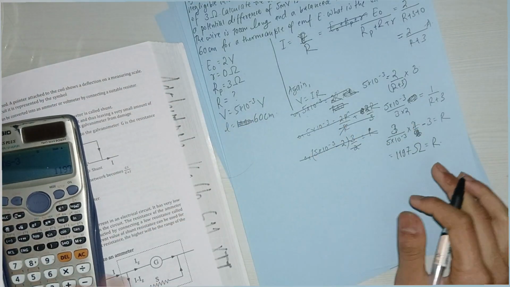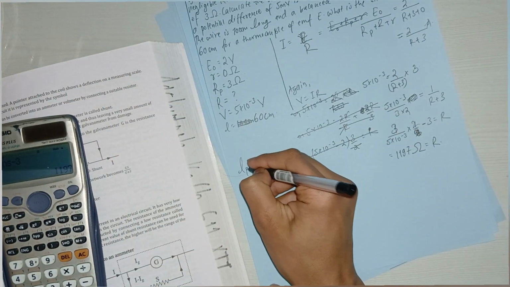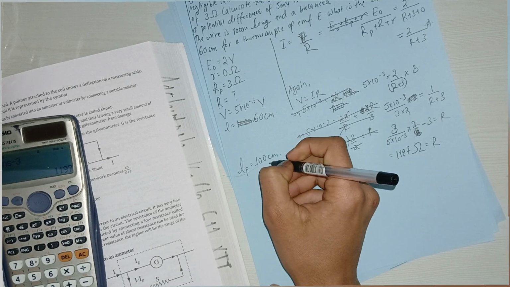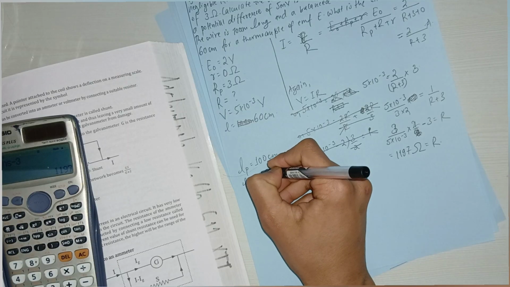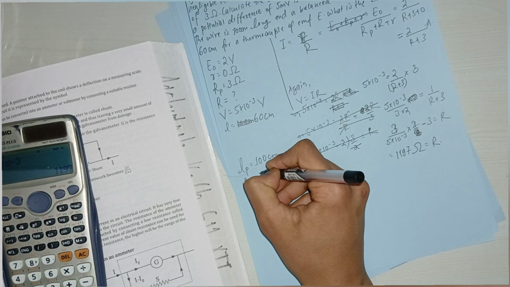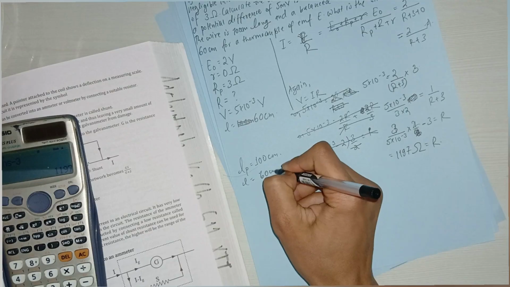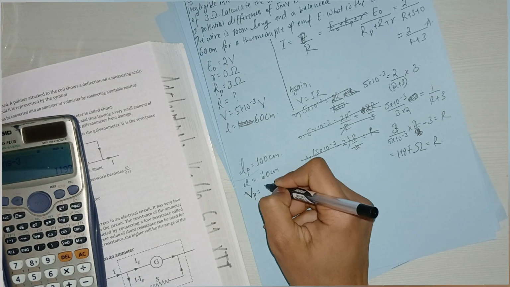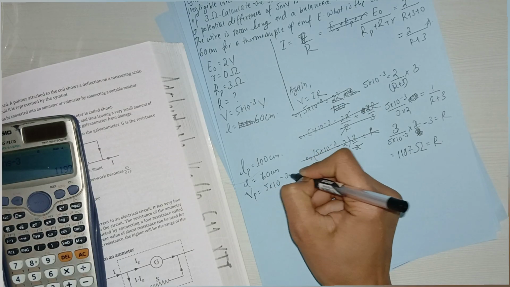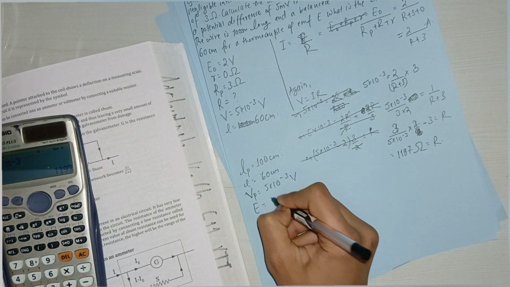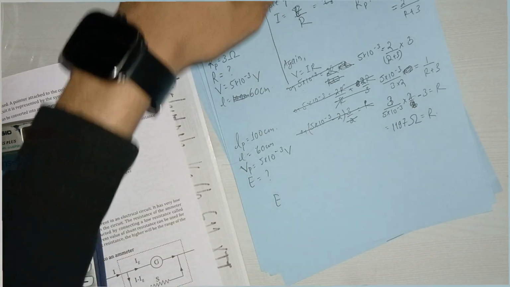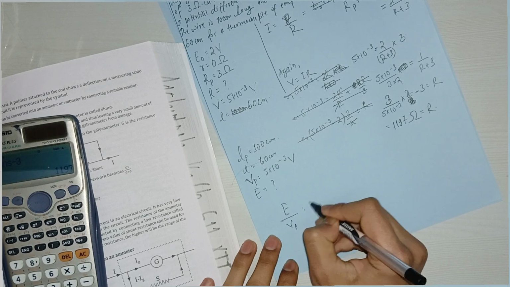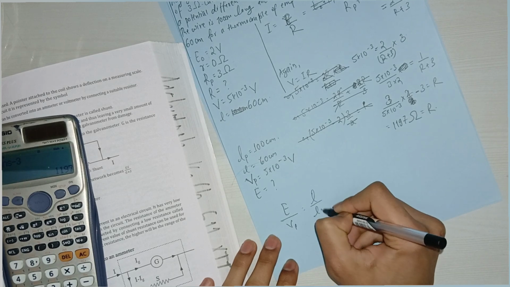Now that we have R, we know that L of potentiometer is 100 centimeters. The balanced point is L equal to 60 centimeters, the VP, the potentiometer, that is 5 into 10 to the power minus 3 volts, and we need to find the E. From the application, to determine the EMF of the cell, we know that E by VP equal to L by LP.